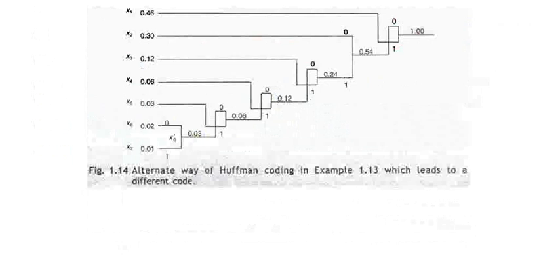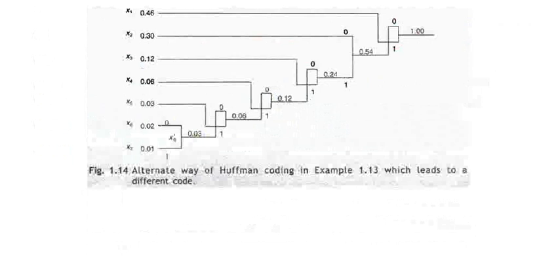Earlier we assigned 0 to x4 and 1 to the combined symbol, but now 1 is assigned to x4 and 0 to the combined probability. Like this you can also assign.